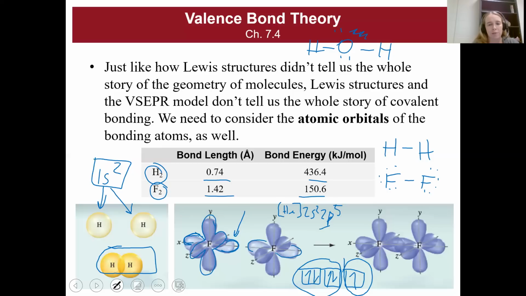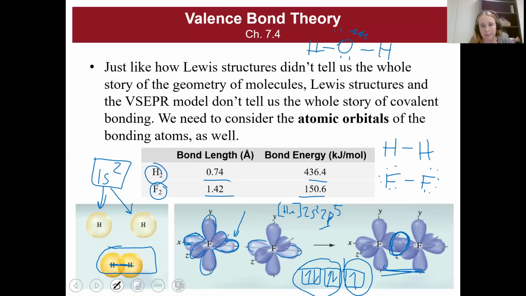They both have that single unpaired electron, and if their atomic orbitals overlap, we end up with a bond. And you can see, or at least I hope you can see, that because of the size of the p orbitals, when they overlap, this bond length is longer than the bond length in the hydrogen molecule.